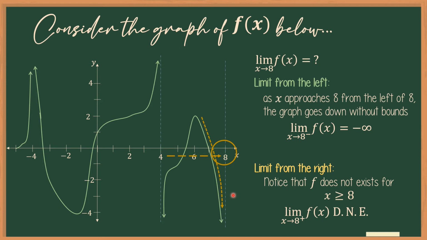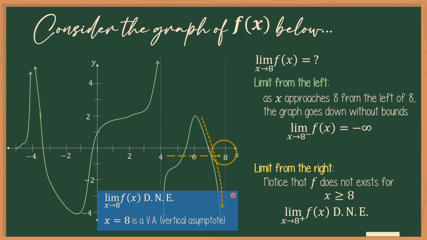To conclude, the limit does not exist as x approaches 8. But still, x equals 8 is a vertical asymptote because there is a graph on one side of 8 that approaches infinity, positive or negative infinity.